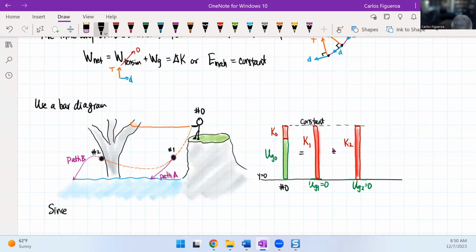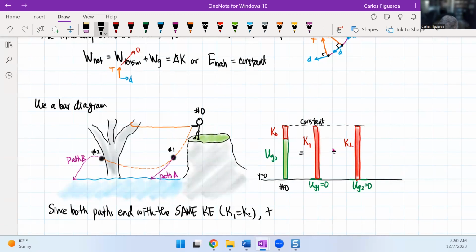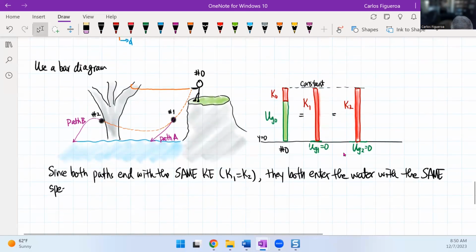Since both paths end with the same kinetic energies, in other words K1 is the same as K2, they both enter the water with the same speeds.